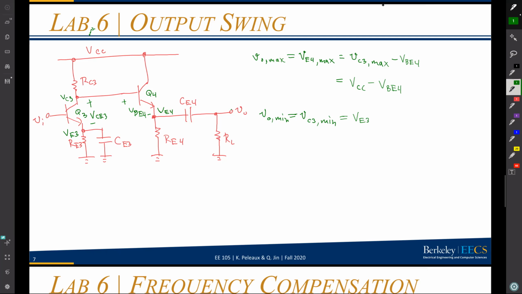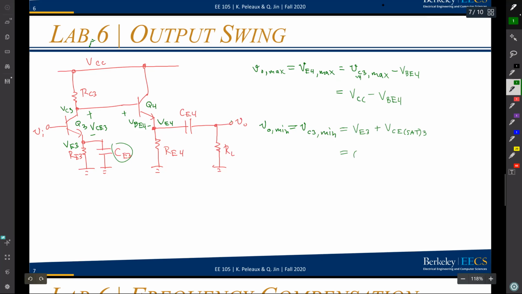It'll leave forward active, and we don't want that. So I look at VE3 and say I want a buffer of VCE sat above that, and that's the lowest my collector voltage of Q3 can go. Well, VE3 for small signal is just going to be 0 because I have this CE3 grounding the emitter of Q3 in small signal.